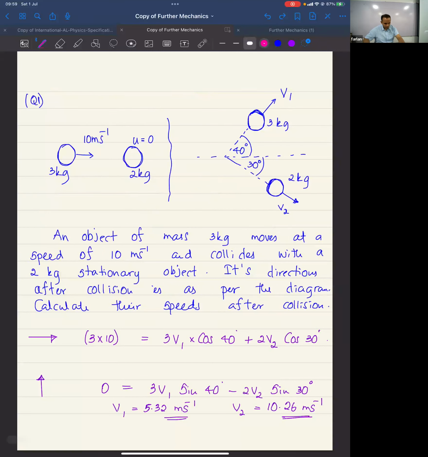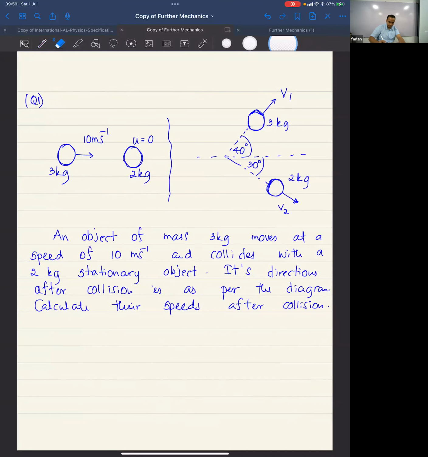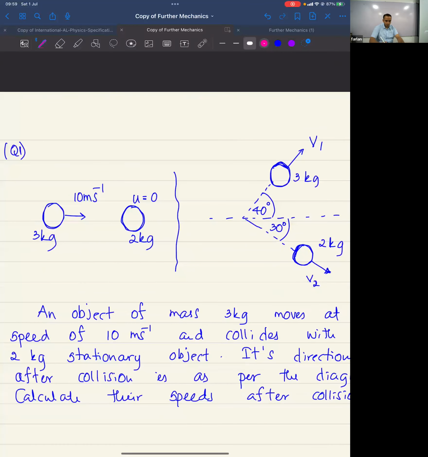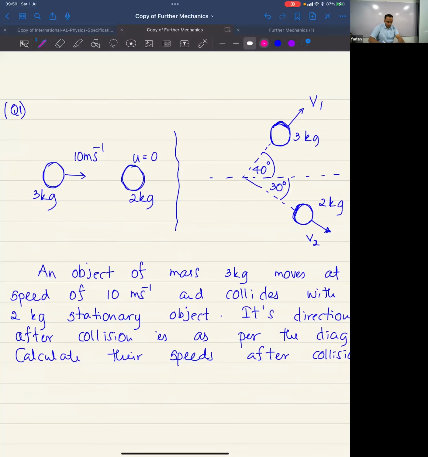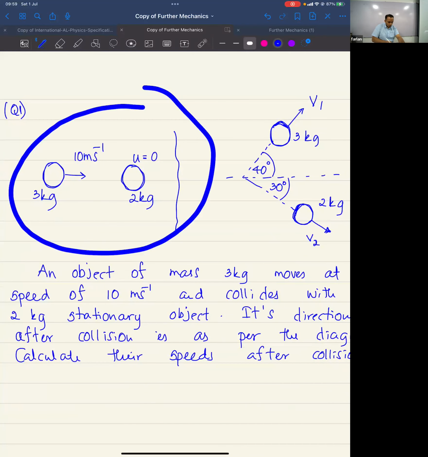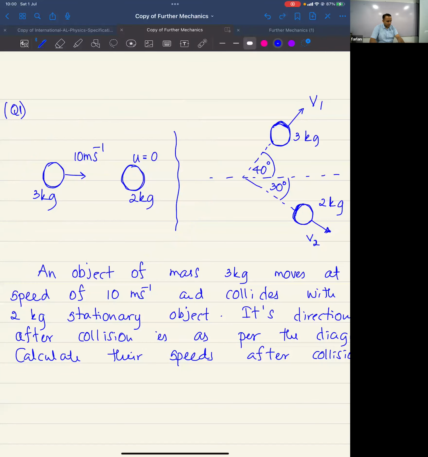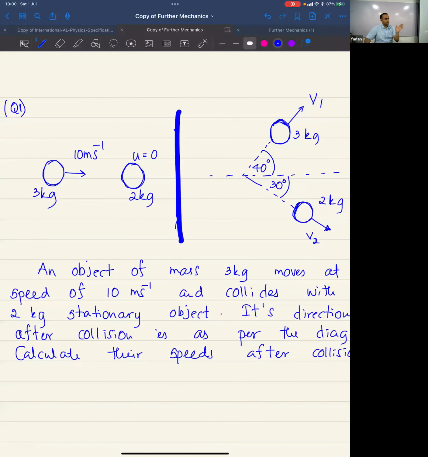Right, draw this diagram, guys. Let me explain the diagram first. Look at this. Question 1. There is a 3 kilogram object moving at a speed of 10 meters per second, and there is a 2 kilogram object which is stationary. That is the initial case. Then the collision happens.